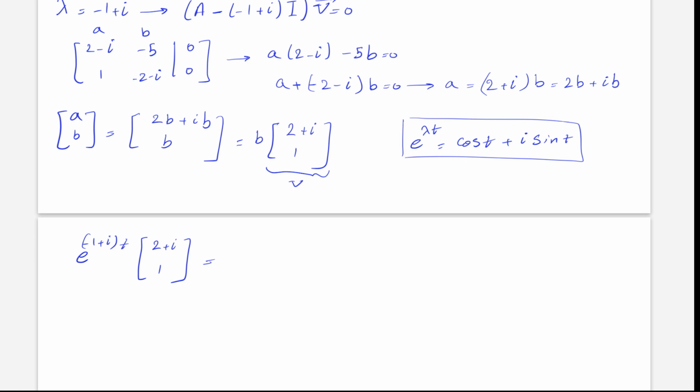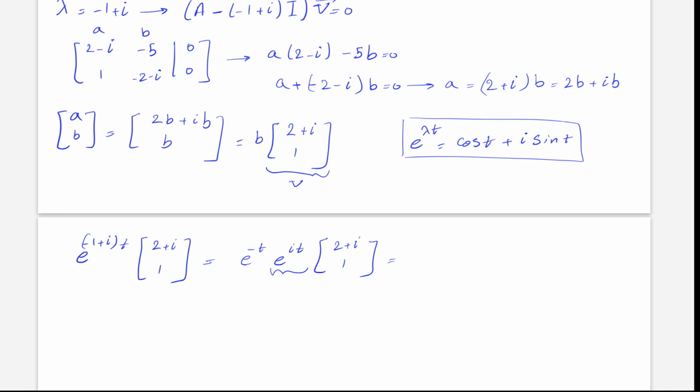I can write it like this, and now I can expand this with Euler's identity formula.